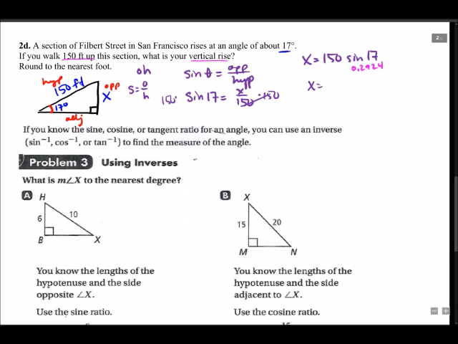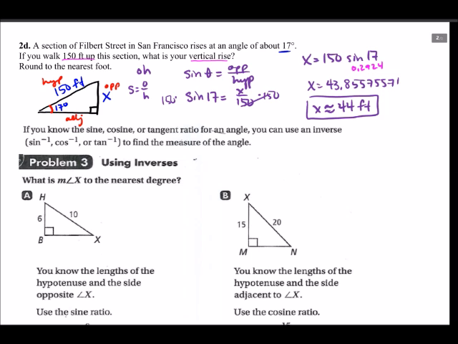So x is 43.855755571, or to the nearest foot, we're about 44 feet higher than when we started. That's a pretty steep hill. San Francisco has some pretty steep hills.